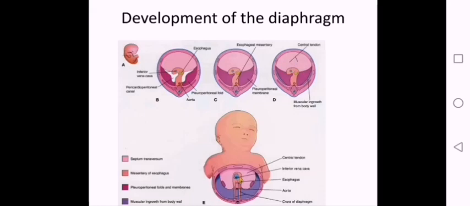So consequently, the phrenic nerves that provide the motor innervation to the diaphragm arise from the ventral primary rami of the 3rd, 4th, and 5th cervical spinal nerves.